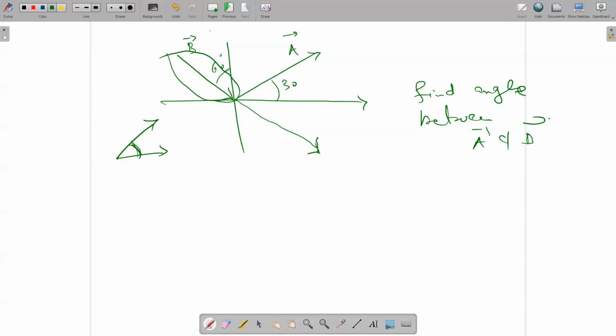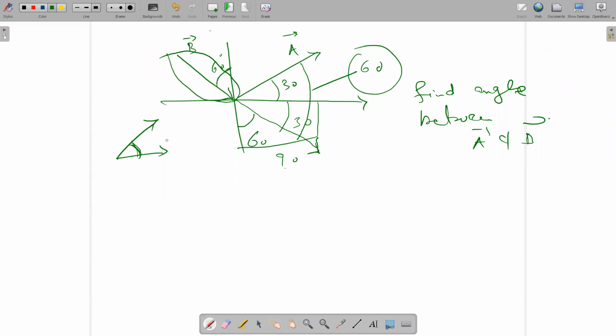So if this is 60 degrees, then according to mathematics, this is 60. If this is 60, then what is this angle? 30, because the total is 90. So what will be the angle between A and B? 60. So in this way you can find 60.